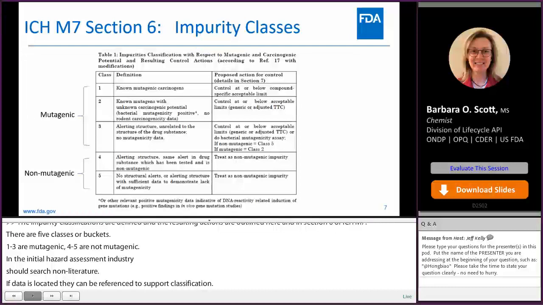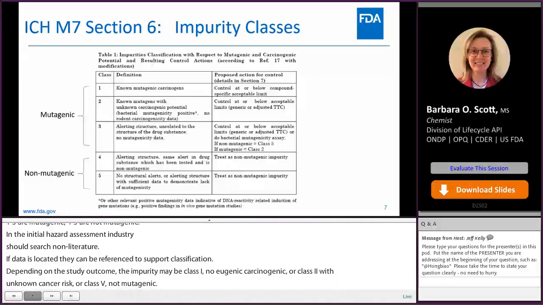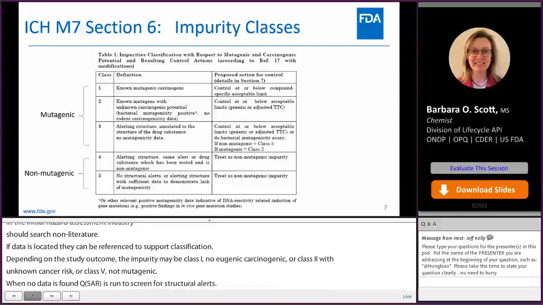When no literature data is found for the structure, QSAR is run to screen for structural alerts. The guidance says that if M7 compliant models are run and the QSAR prediction is negative, the impurity can be classified as Class 5. If the QSAR prediction is positive, then the impurity is Class 3.